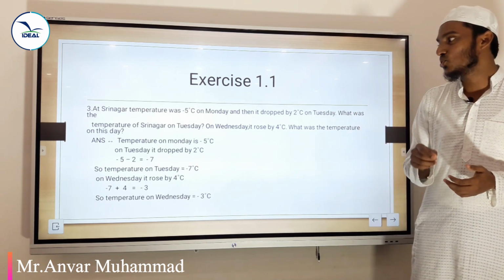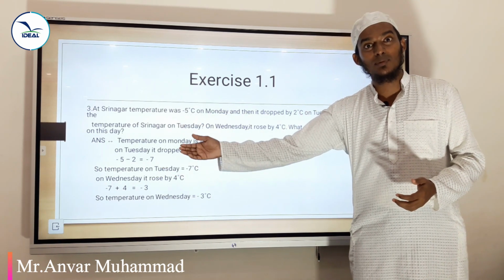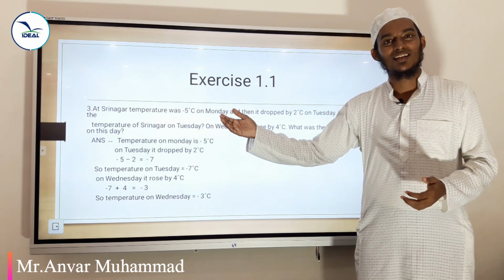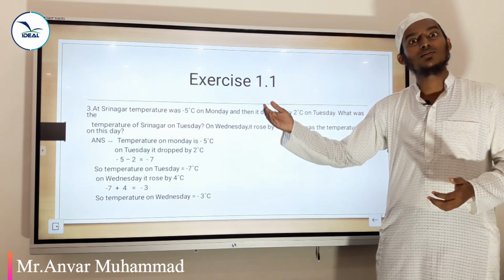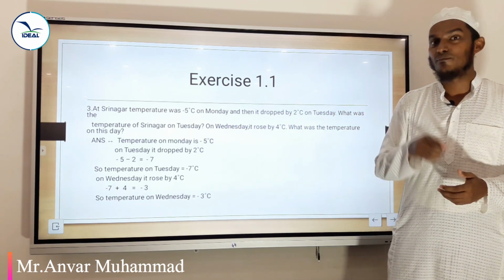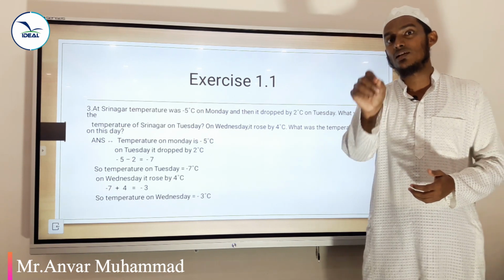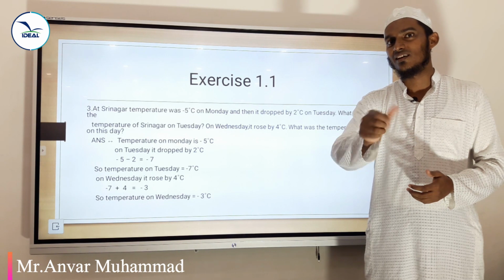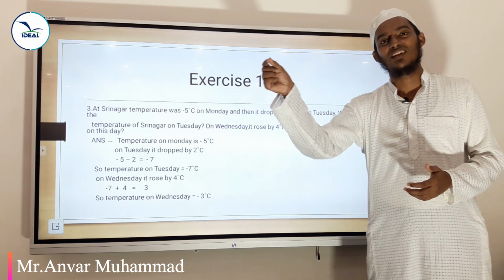So the temperature on Tuesday is minus 5, dropped means subtract 2 degrees Celsius. So minus 5 minus 2. We know that on a number line, when we subtract a positive integer, should we move right or left? We should move to the left again.